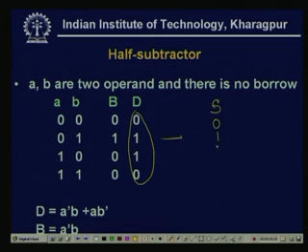For the sum also it is 0 1 1 0. This we have already seen in the last class, that this is nothing but a 2 input XOR, A dash B plus A B dash.